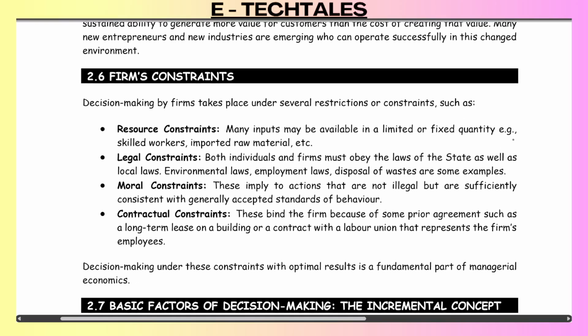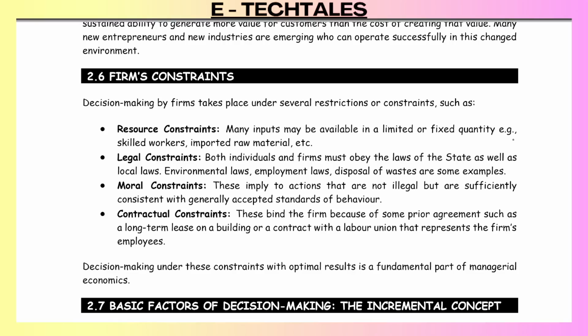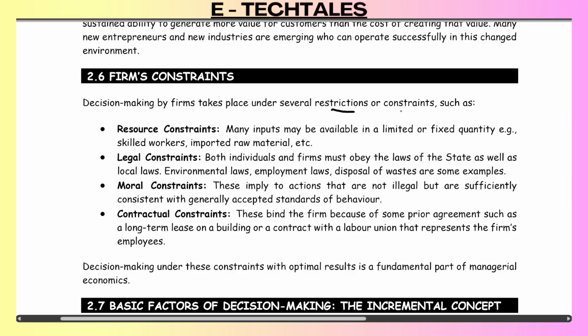Okay, let's move on to the next one, that is the firm's constraints. Here we can talk about the main constraints actually. So, what are constraints? Constraints are restrictions that the firm faces every time it is making a decision.